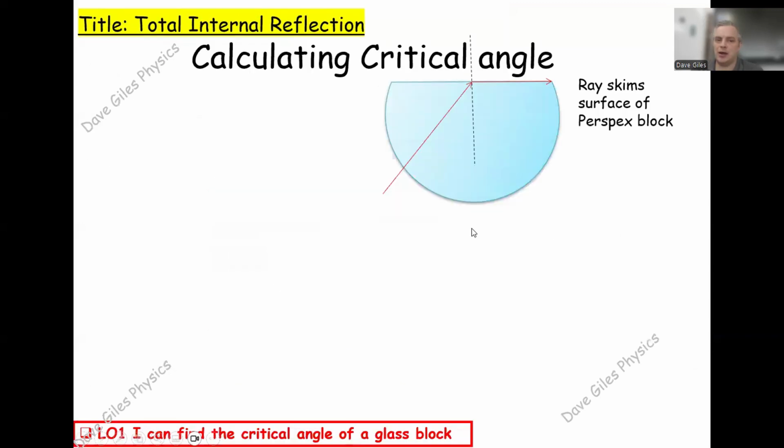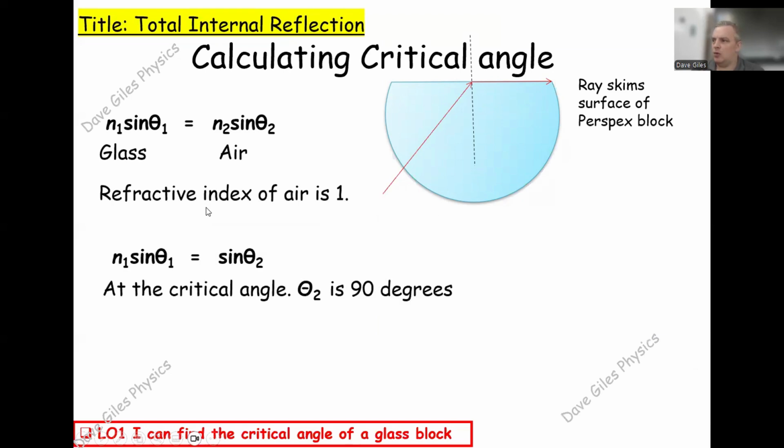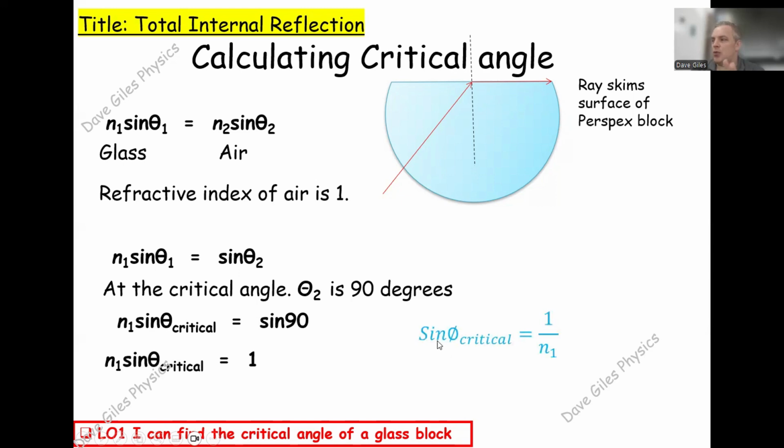So we can calculate the critical angle. Now you don't need to know how to derive it, so I will skip past that. This is what you need to know: sine of the critical angle is 1 over n, where n is the refractive index.